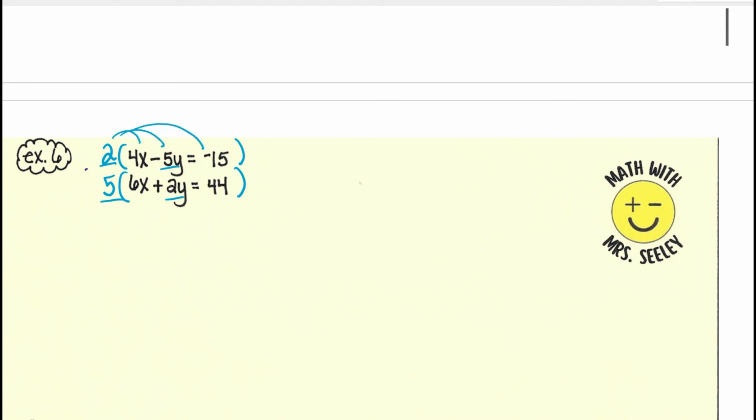So let's distribute that 2 through the top, and that gives us 8x minus 10y is equal to negative 30. In the bottom equation, we need to distribute our 5 through, so that'll be 30x plus 10y is equal to 5 times 44 is 220.